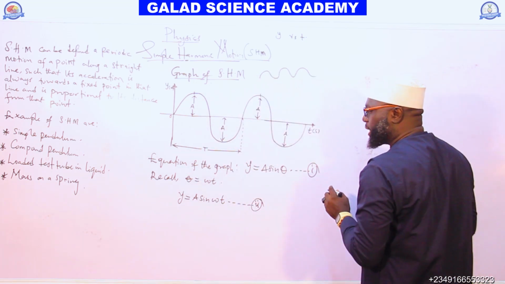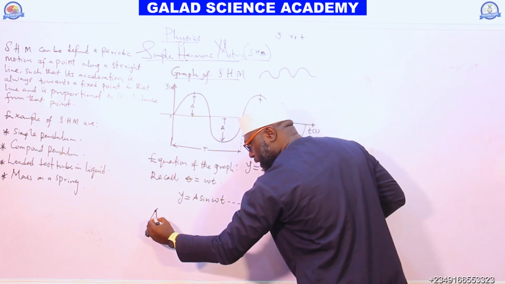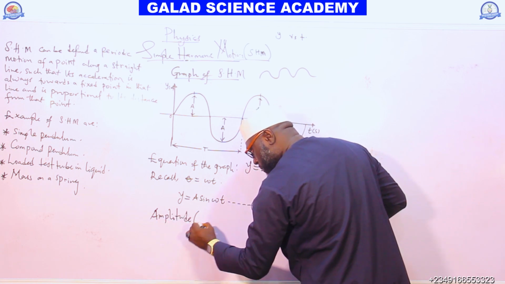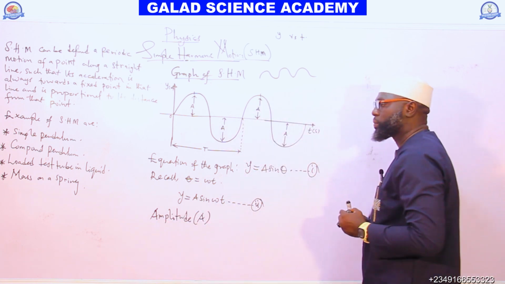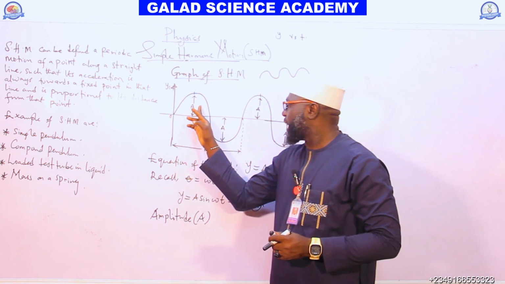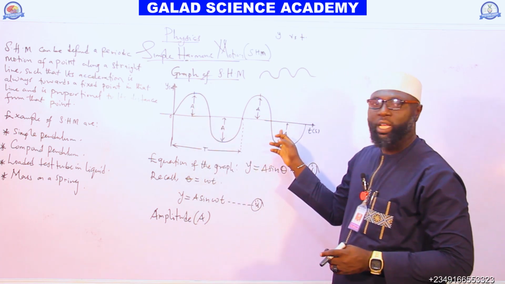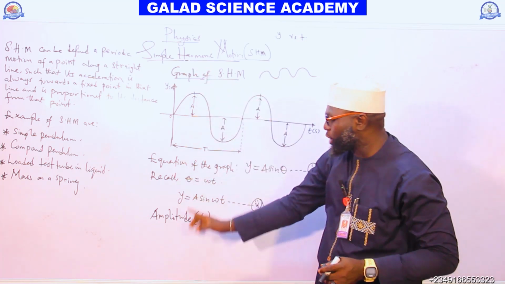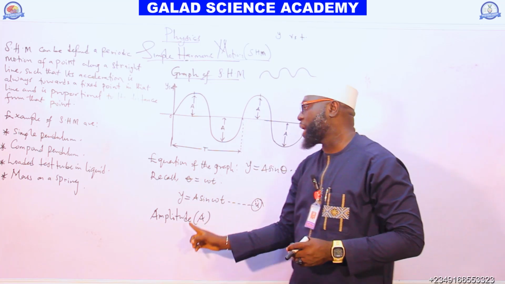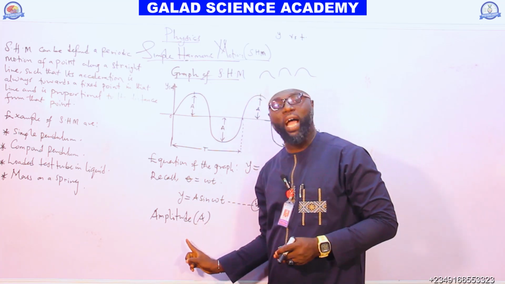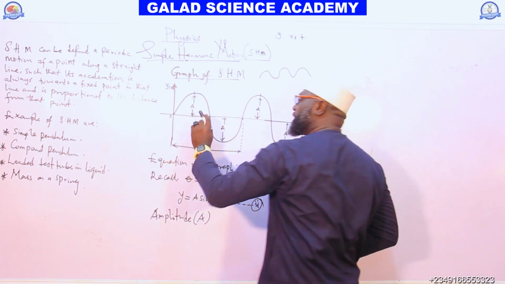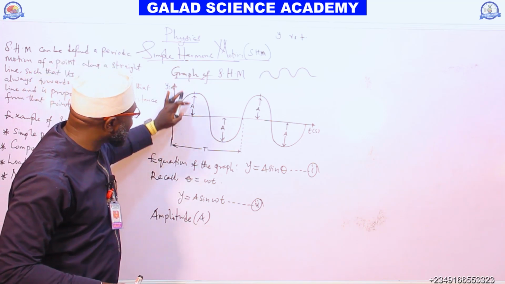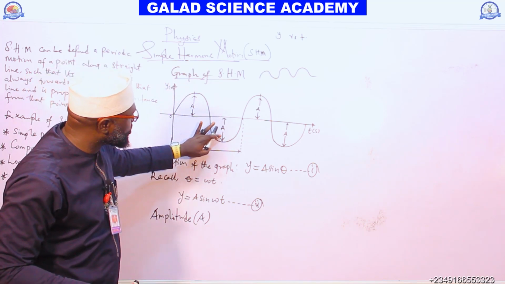The next thing we need to check from this graph is to determine the amplitude. Amplitude A: this is amplitude, this is amplitude, this is amplitude. The maximum displacement of a wave is known as amplitude, and it is measured in meters. The distance from here to here is called amplitude.